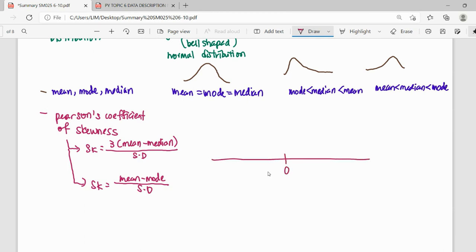If it is 0, your distribution will be symmetrical. Onwards from this side will be positively skewed, and less than 0 onwards will be negatively skewed.